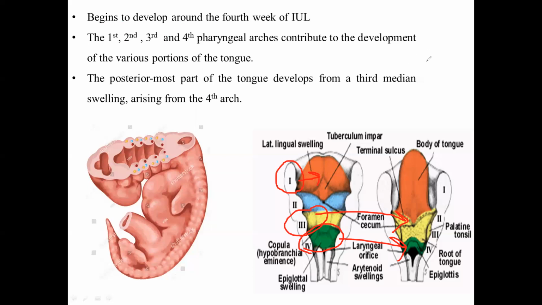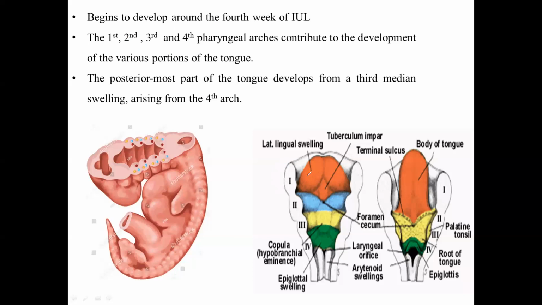So the anterior part of the tongue, most of the tongue, is formed by pharyngeal arch 1, and little from pharyngeal arch 3, and the most posterior part, called the root part, is formed by pharyngeal arch 4.